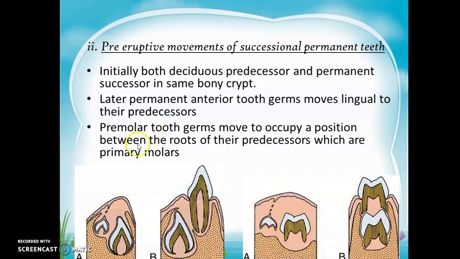Later, permanent anterior tooth germs move lingual to their predecessor and the premolar tooth germs move to occupy a position between the roots of the primary molars, as you can see in this image.